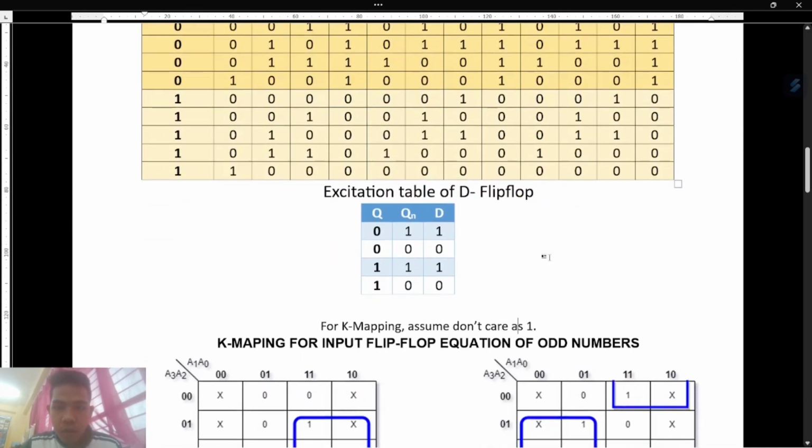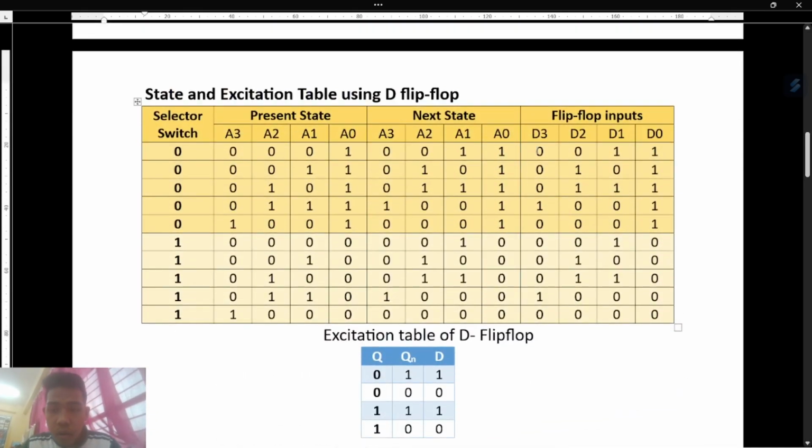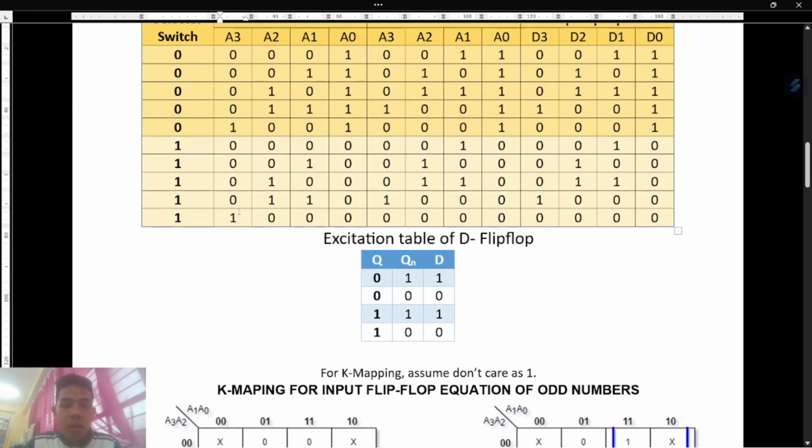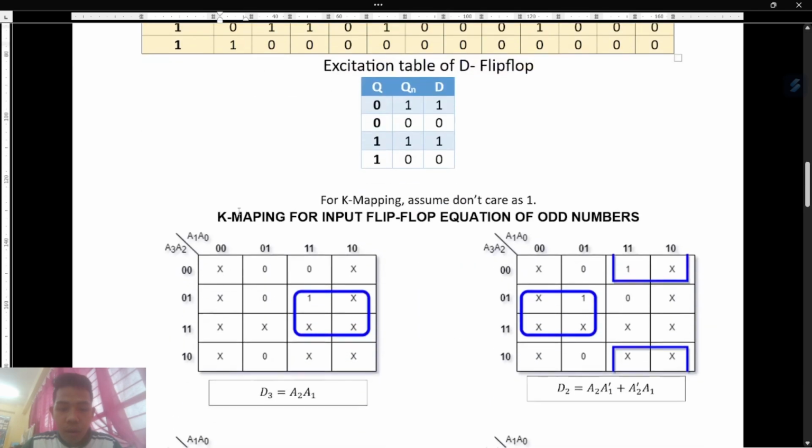D3 muna. So D3 is 0 0 0 1 0. It is high only when the present state is 7, so 0 1 1 1.